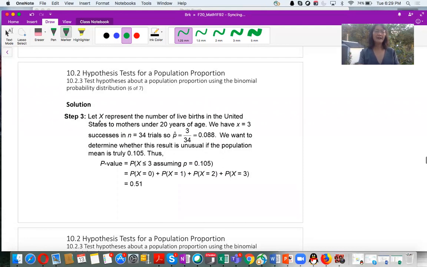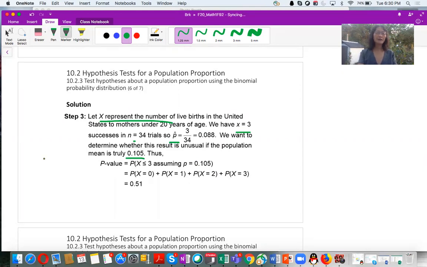Let X represent the number of live births to mothers under 20 years of age. We have X equal to 3, n equal to 34, and the sample proportion p hat is 0.088. We want to determine whether this result is unusual if the population proportion is 0.105.